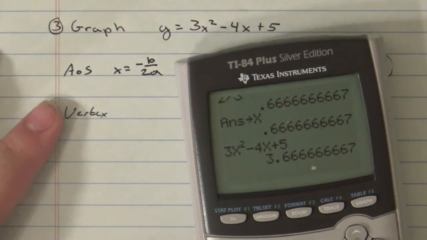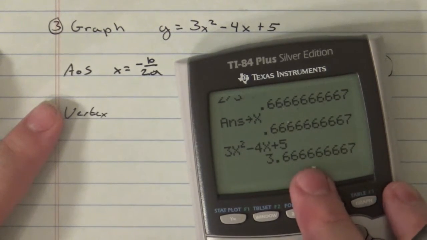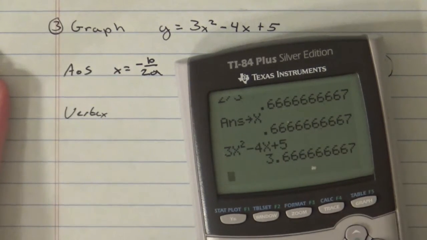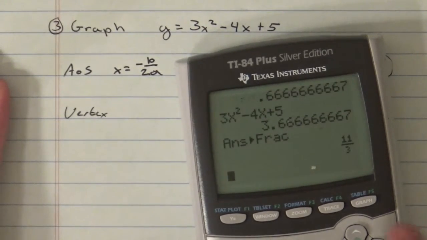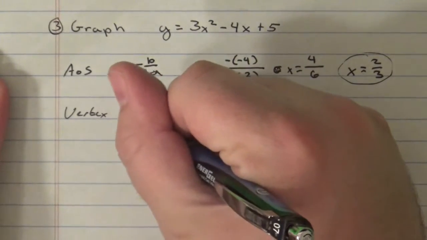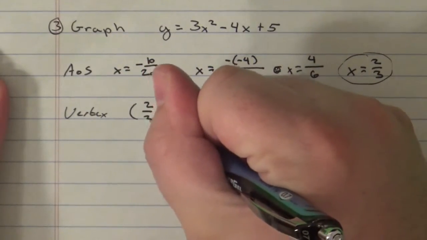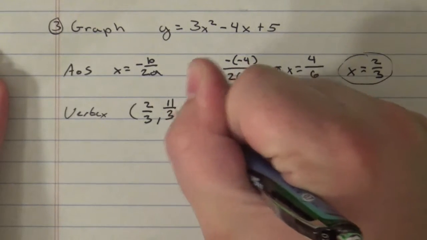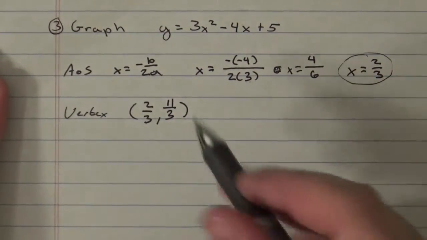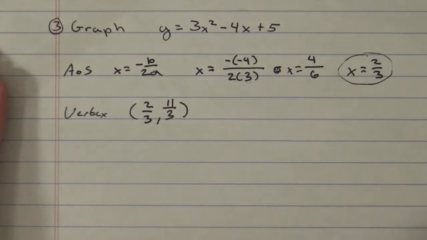All right, and that tells me 3.666. Basically, this is 3 2/3. Let's go ahead and convert it to a fraction, and in this case, our value is going to be 2/3 and 11/3. So that is our vertex, 2/3 and 11/3.